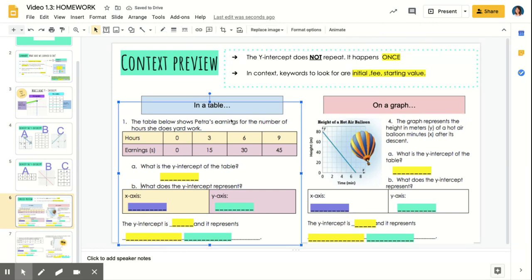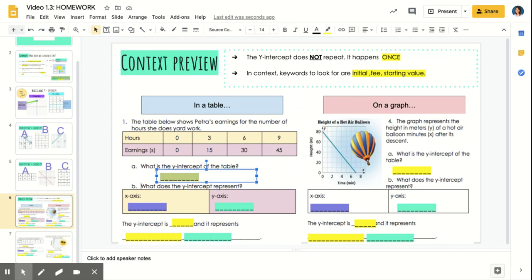So let's take a look from a table. So the table shows Petra's earnings for the number of hours she does yard work. Right? Here's my earnings. What is the y-intercept of the table? You got this one. You tell me. You're right. It is 0 because of this coordinate right here. All right, so what does it represent? Just like we did for slope, we identify our x-axis is hours, and our y-axis is earnings, or in this case, dollars.